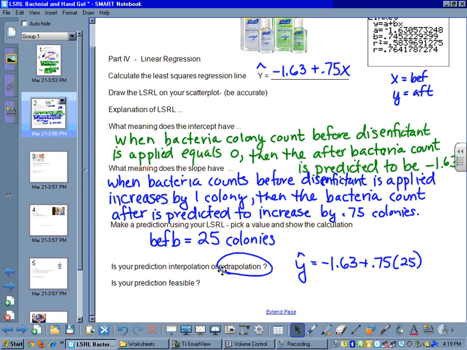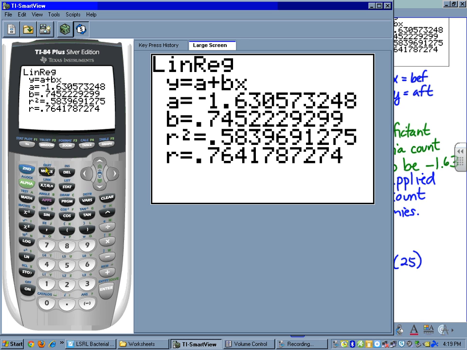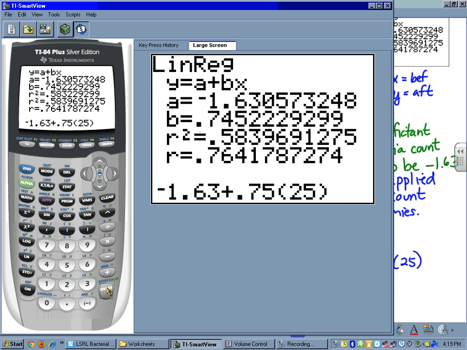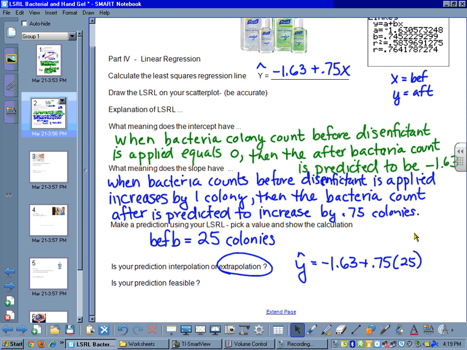I need to use a calculator to do that, so I will quit out of here. Negative 1.63 plus 0.75, I believe it is, times 25 gives me the answer of 17.12. So the after would be 17.12 colonies.